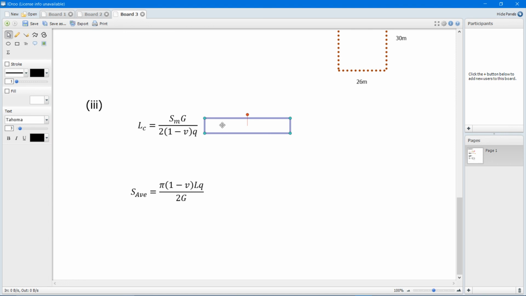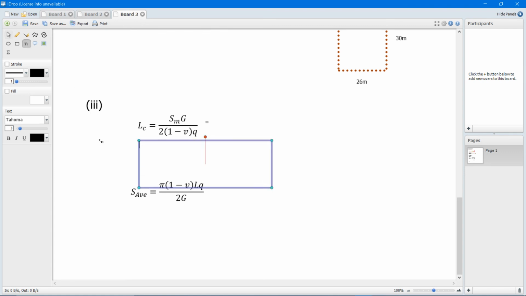We can then begin calculating what we need there. Firstly, we must see what parameters we have to work with. We need the stoping height, your S M, that's 1.2.